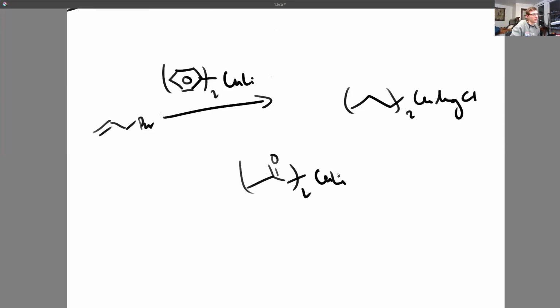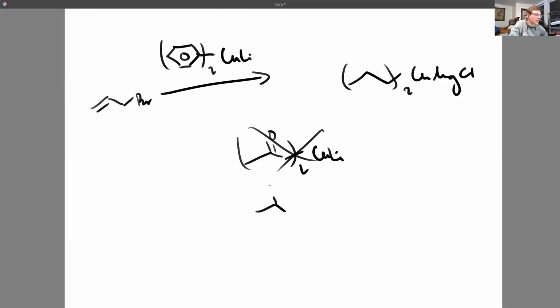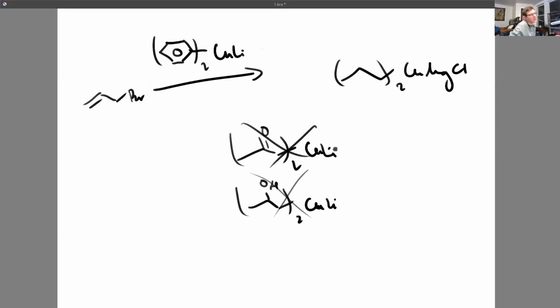Okay. So that's no good. Alcohols are not allowed because remember these are super basic, so it would just deprotonate and you'd lose your whole reactant. So also no bueno.